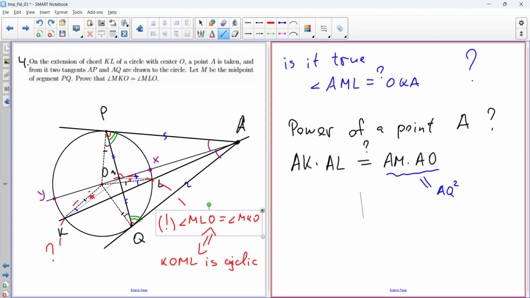That would be just a property of a right triangle.